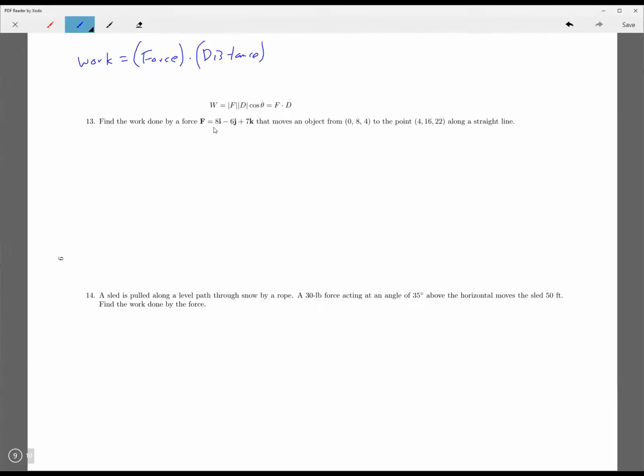So here we have a force that's 8, negative 6, 7, and it moves an object from here to here. So in the formula, this is the force vector. And then the distance vector, what you're going to do is start with, well, what do you think you should do? What do you think the distance vector is going to be?